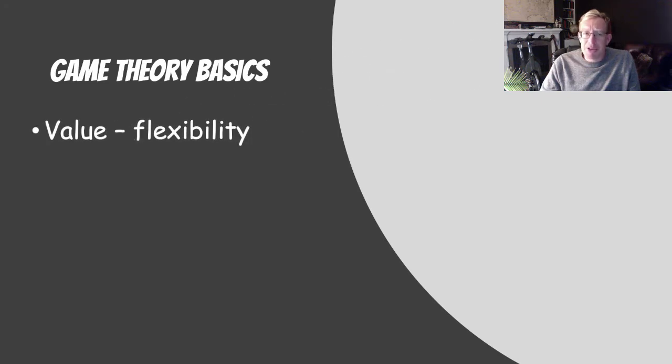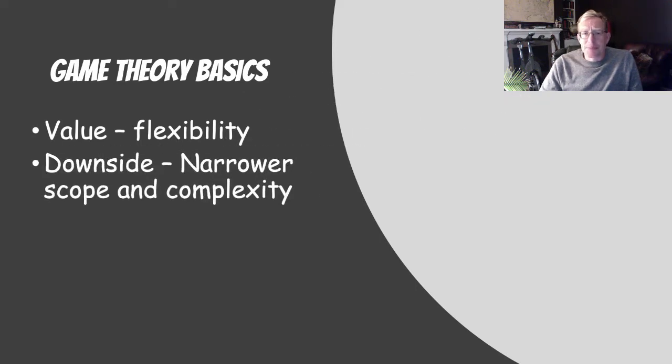When we look at games and game theory, one of the things that is incredibly valuable about game theory is that it provides us with a lot of flexibility. Again, as I mentioned in the introduction, it takes us outside of our constraints, outside of the limiting assumptions that most of our models have. And it allows us to incorporate different kinds of behaviors.